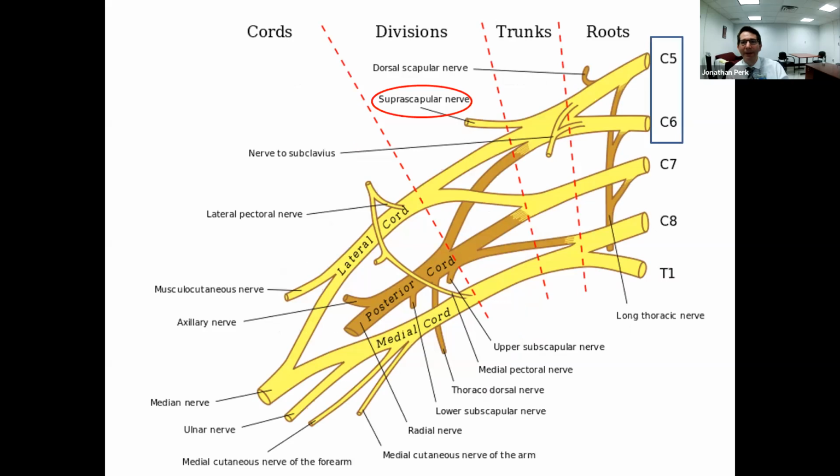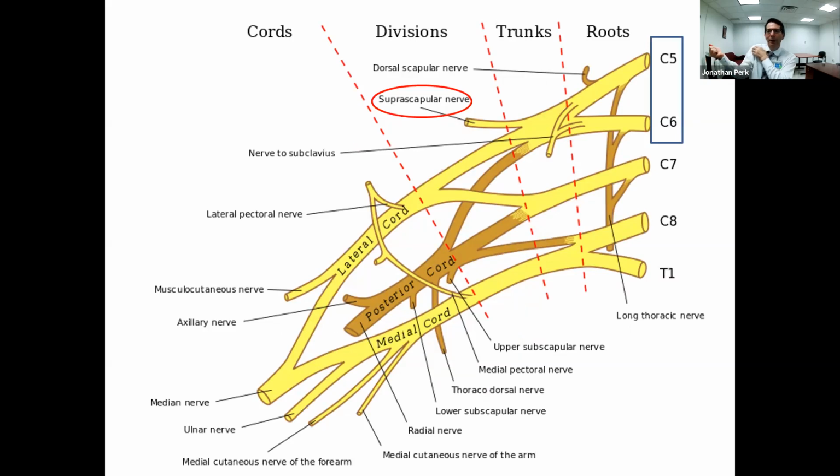The next, so until now we talked about stabilization of the scapula. Now we're diving into movements of the shoulder. Remember I told you, remember things by their movements, okay? So the two movements that we're going to talk about now are abduction and external rotation.